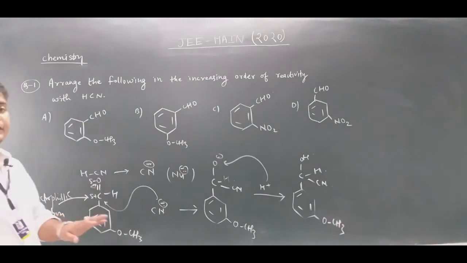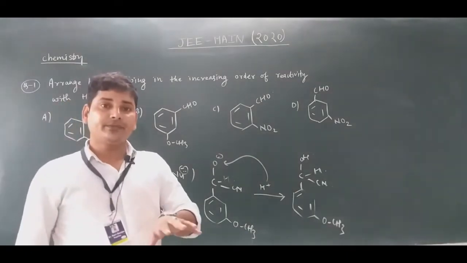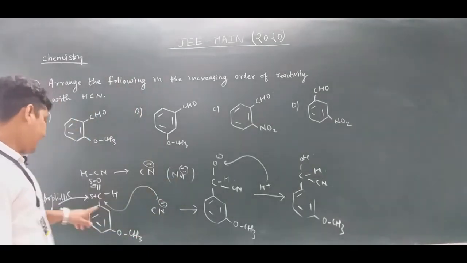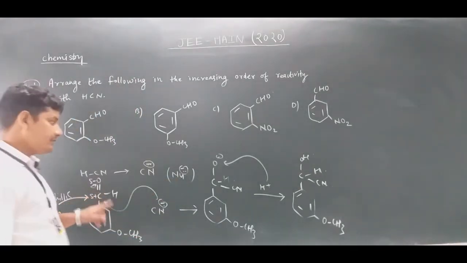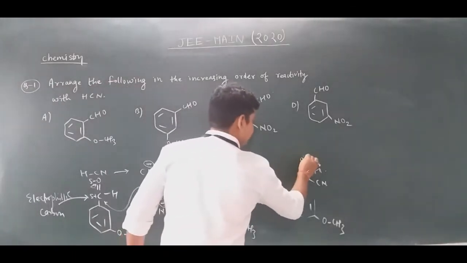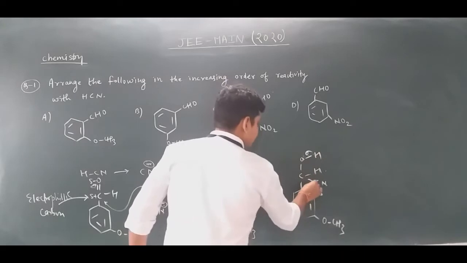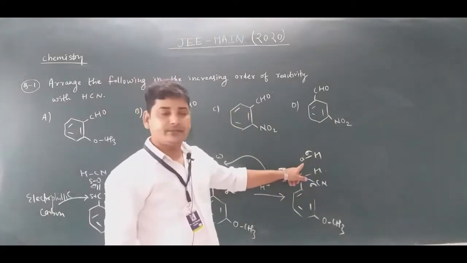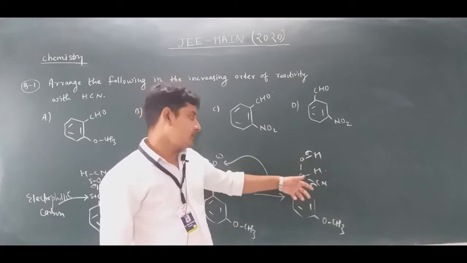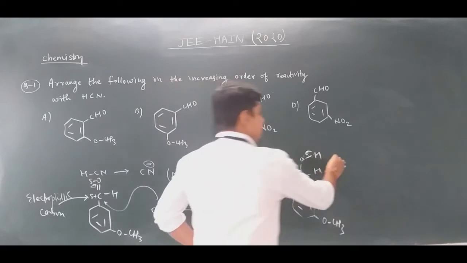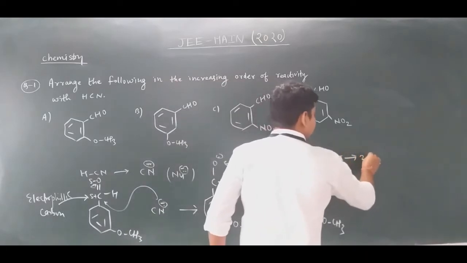So firstly we need to analyze the type of chemical reaction taking place. Here is the nucleophile, and the pi bond between carbon and oxygen is cleaved, and in place of that pi bond two new sigma bonds are formed. So one pi bond is converted into two new sigma bonds.